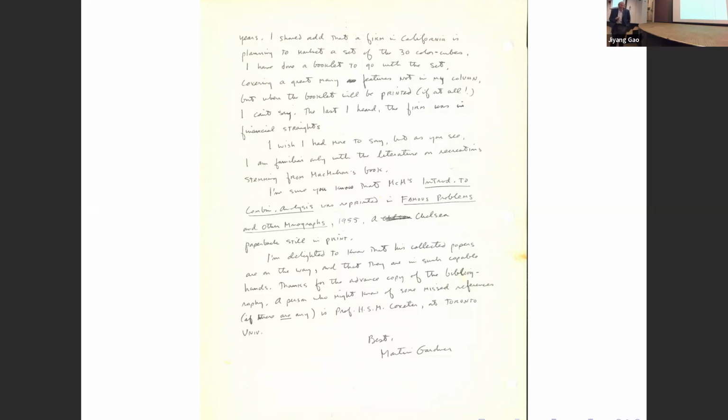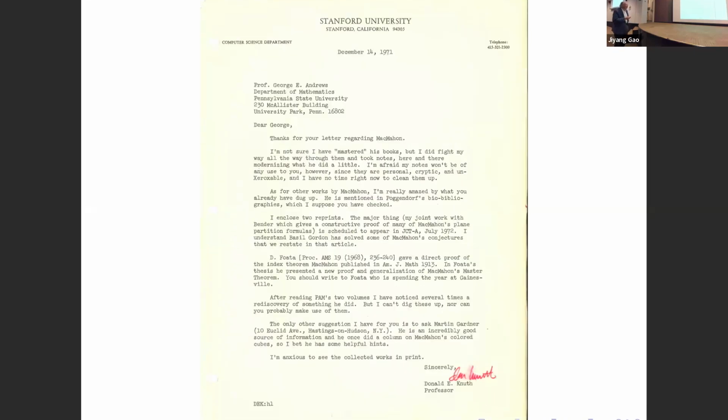Basically, it was a truly fascinating article on what we called MacMahon's 30 colored cubes. Here is a letter from one man in the front row, Don Knuth, who was very helpful in this project as well.